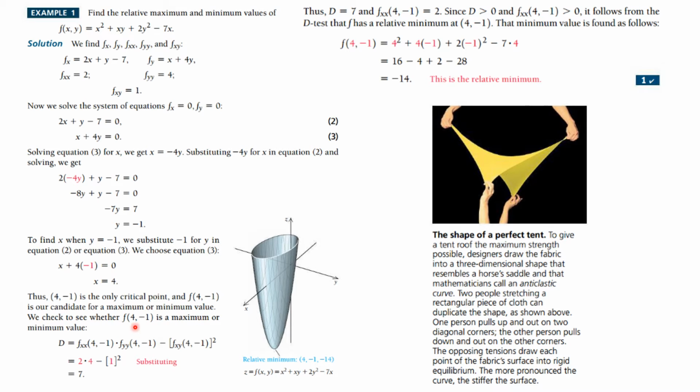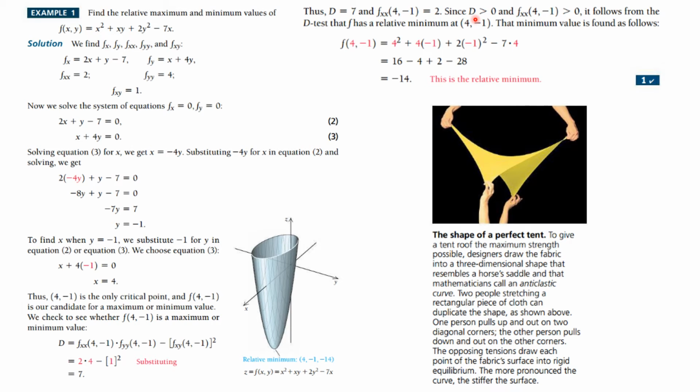And to check whether this is a maximum or a minimum value, we will substitute into our expression for D. So this is fxx evaluated at (4, -1) times fyy evaluated at (4, -1) minus the cross partial squared. We substitute all our values in and we get 7. That means it is greater than 0, and the second derivative fxx is equal to 2.